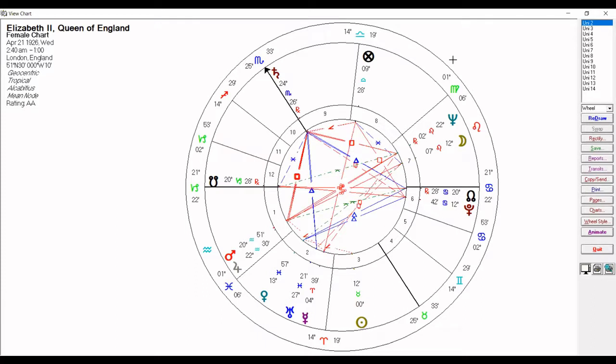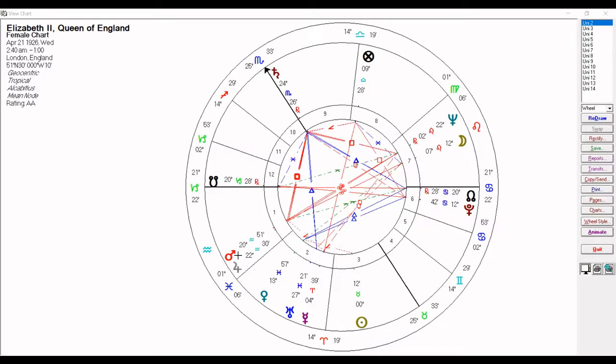Wait, can you see Elizabeth? Good. Someone's happy about the homework. Good. Okay, so that is called a mutual reception, and this is a perfect mutual reception. Why? Because there is also an applying aspect.